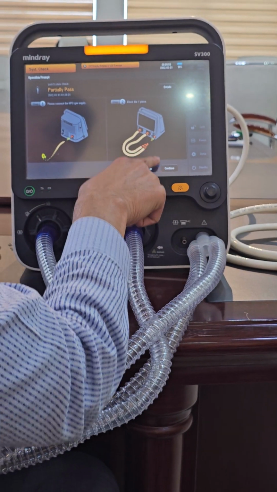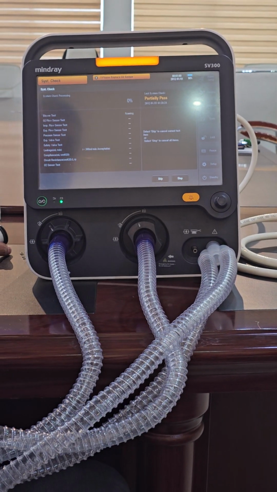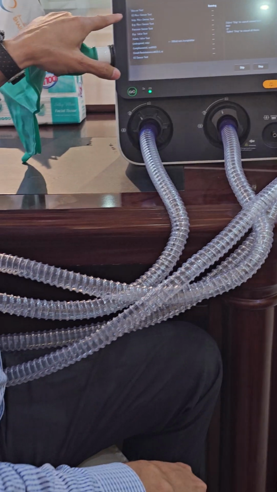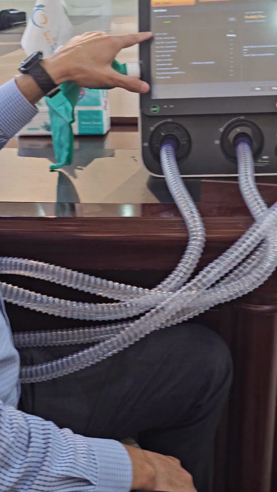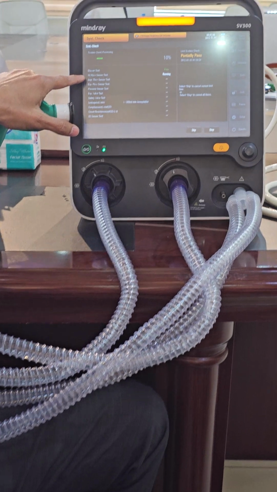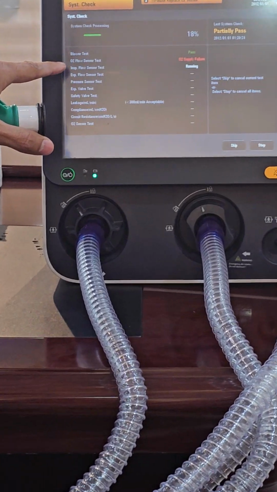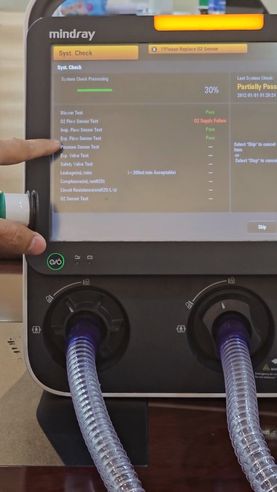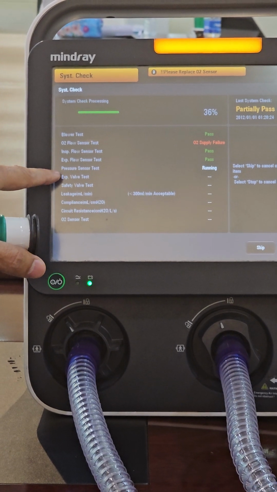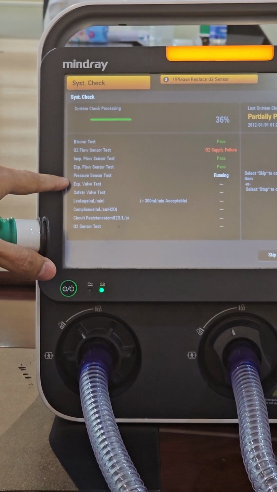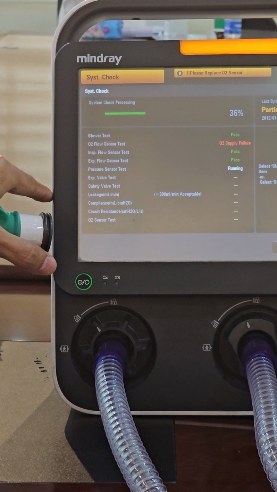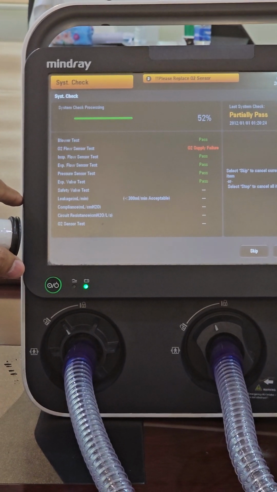You can see this color. Okay, and now start testing. So blower test, pass. Oxygen flow sensor fail because there is no oxygen. Pass, pass. You can see it running. Pass, pass.